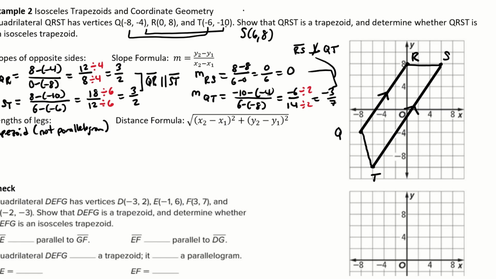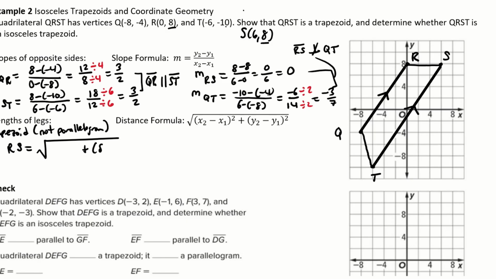To get RS, we would take the square root and subtract the y coordinates. At R and S, the y coordinates are 8 and 8, so 8 minus 8 squared. You don't have to do the y's first. You could do the x's first or the y's first, it doesn't matter.